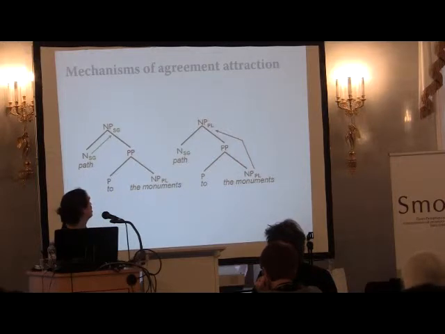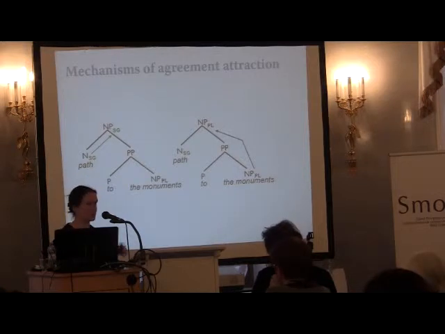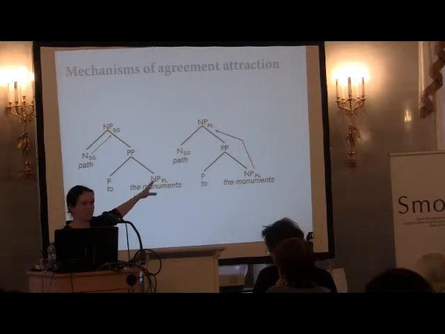Usually in the normal situation, when we have a subject noun phrase or any phrase, the whole phrase is marked by the features of its head. But the proponents of this approach assumed that sometimes a phrase can be erroneously marked by the features of a dependent phrase inside this phrase.